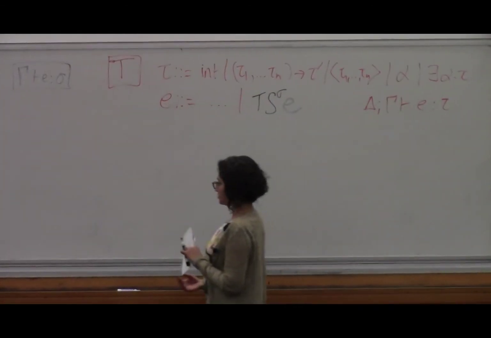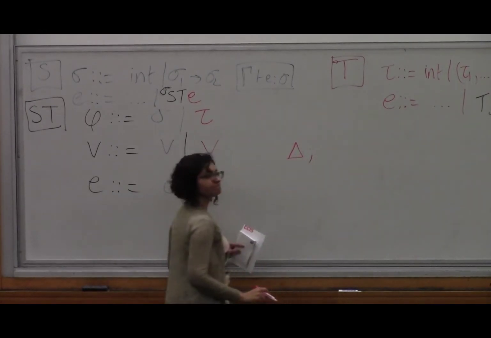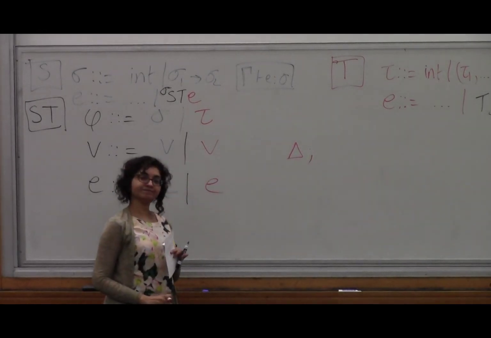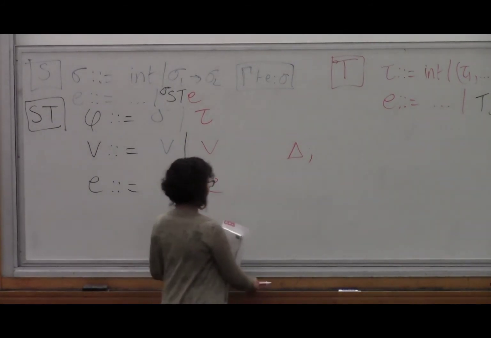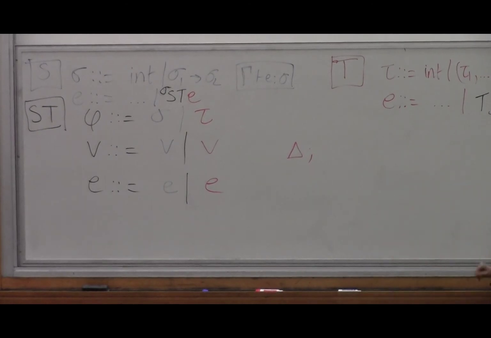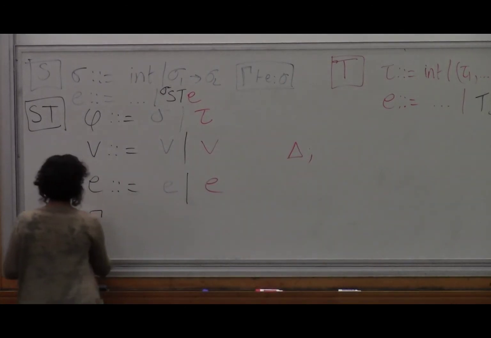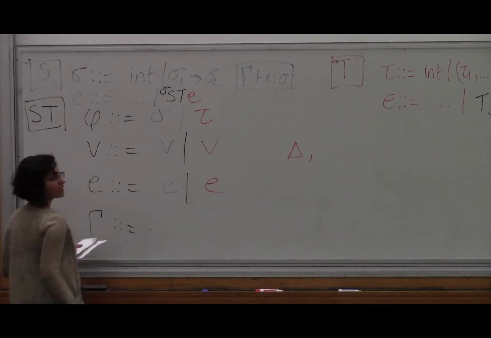So my typing judgment for my multi-language is going to have the shape delta, but now it needs a gamma, right? And gamma needs to contain information about blue term variables as well as red term variables, blue x's and red x's. So I'm going to extend my grammar for gamma from yesterday.